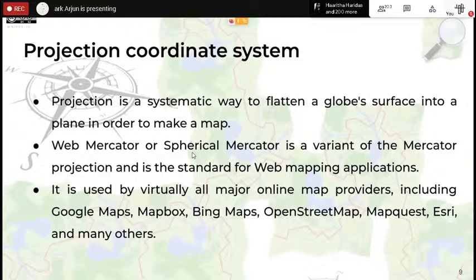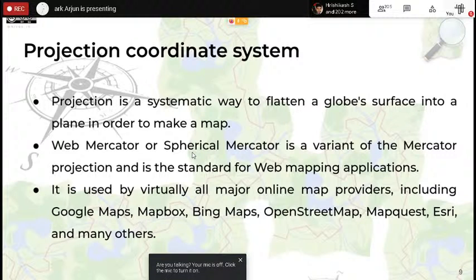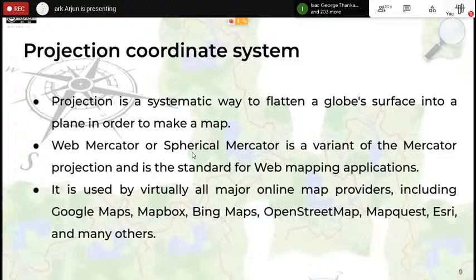All the digital maps, including Google Maps, Mapbox, Bing, OpenStreetMap, MapQuest, whoever it is, follow the spherical Mercator projection to represent the three-dimensional Earth surface in 2D.